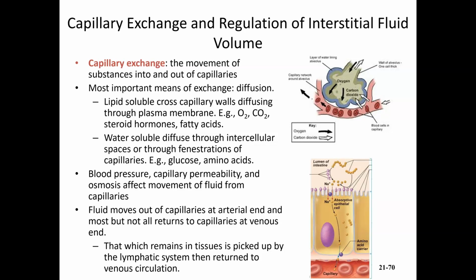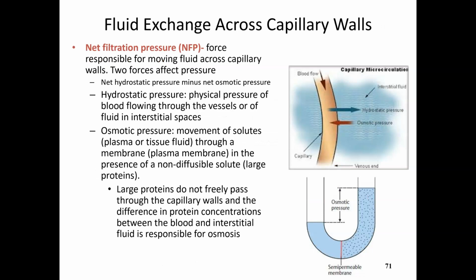And as we move closer to the venule end, we'll start to see that all of that fluid that we moved out at the arterial end is being placed back into the venous end of the capillaries, but about 10% will remain in the tissues, and that'll be picked up by the lymphatic system and returned back into our venous circulation. And we're going to discuss more on this at the end of our quarter when we discuss the lymphatic system. A bit more on fluid exchange across capillary walls.